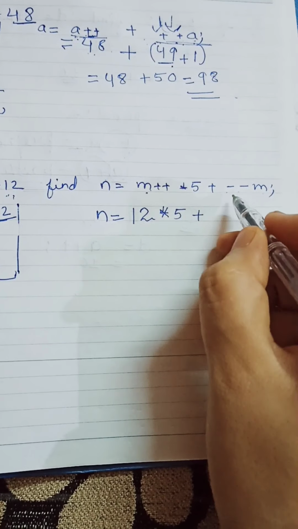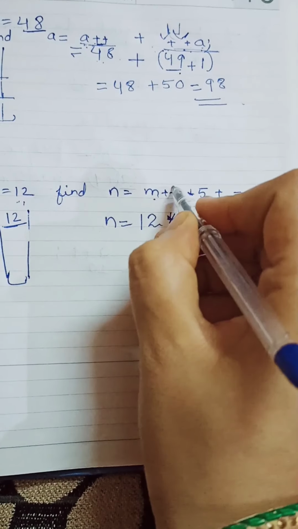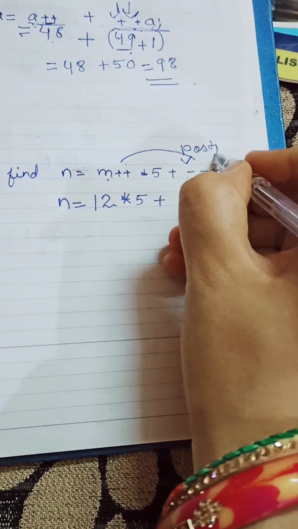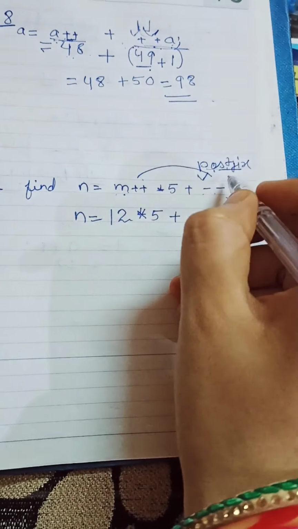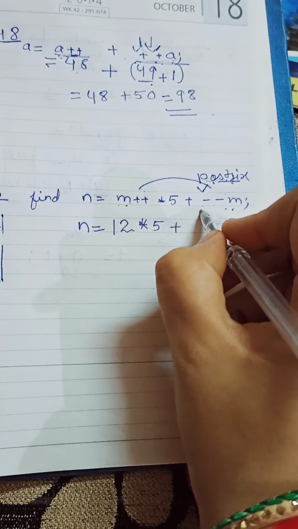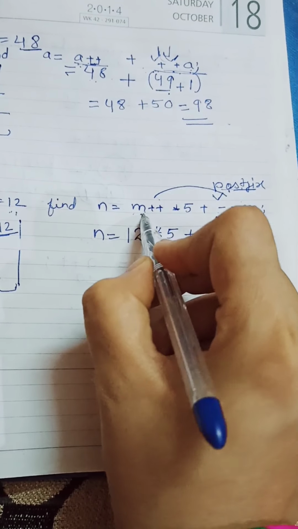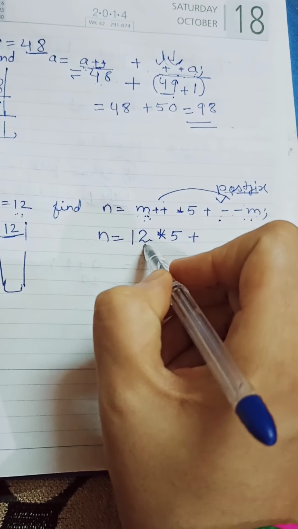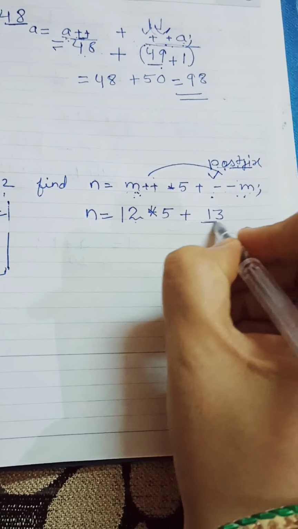Students, first of all, see, this m is arriving here, and before this --m, an operation is pending, which is the postfix operation. So first I will complete this postfix expression, and only then will I do the decrement, the prefix expression. For the postfix, I have to increment the value of m by 1. The value of m is 12, so 12 plus 1 will be 13. So finally I have done the postfix.